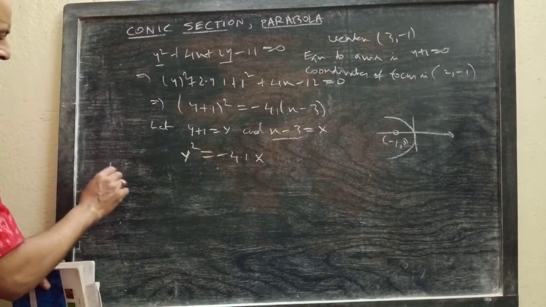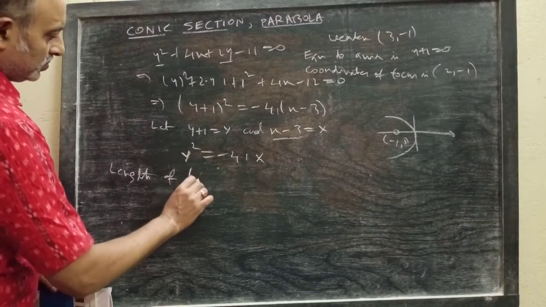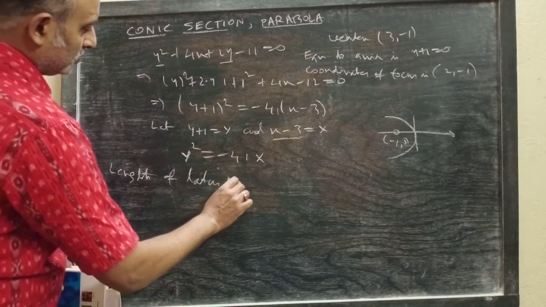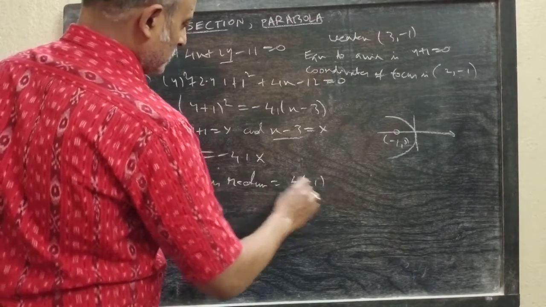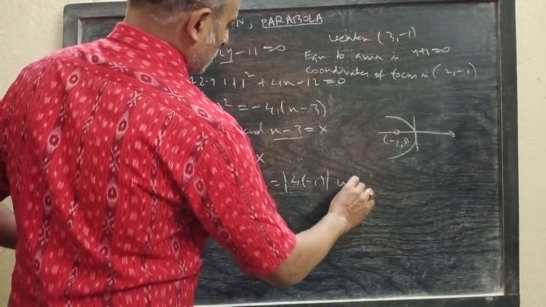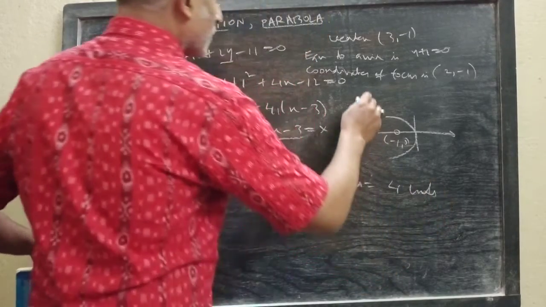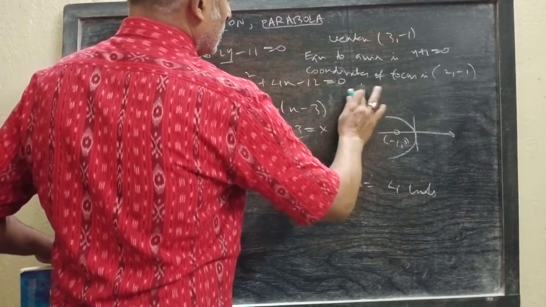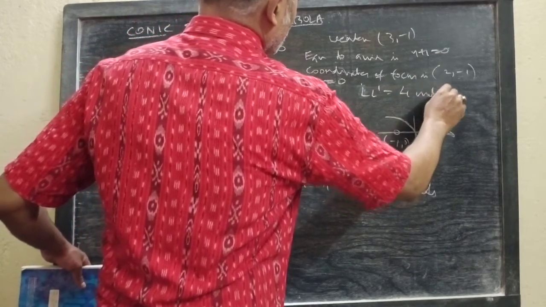So length of latus rectum is 4 units, that is L dash is 4 units.